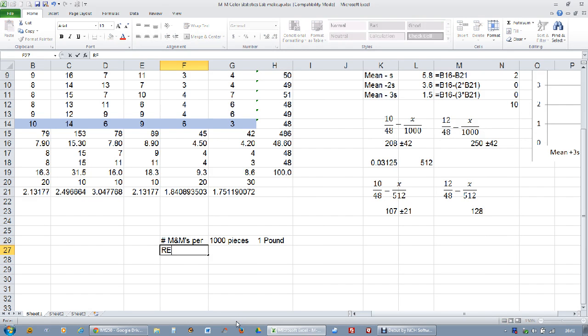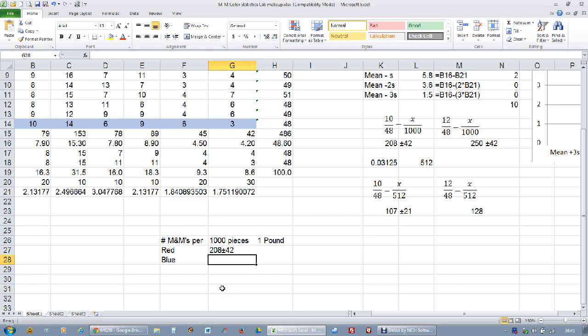So you can do red, blue, etc. So we have 208 plus or minus 42. You're probably wondering where I got the plus or minus symbol quickly, and you don't see it on your keyboard.